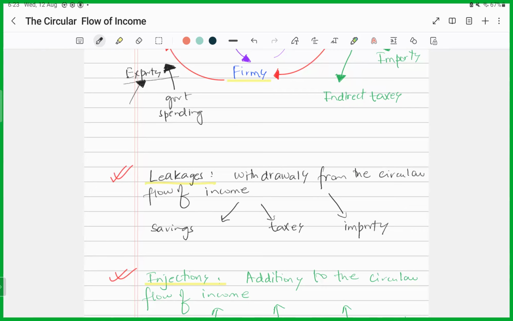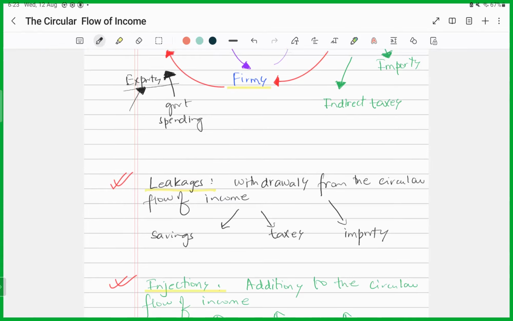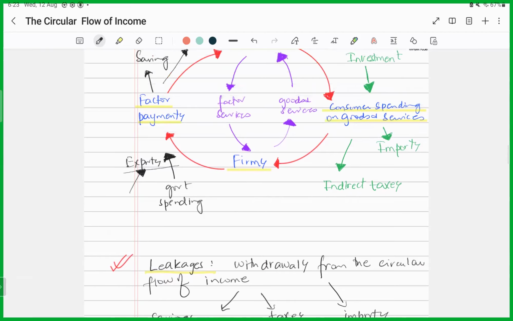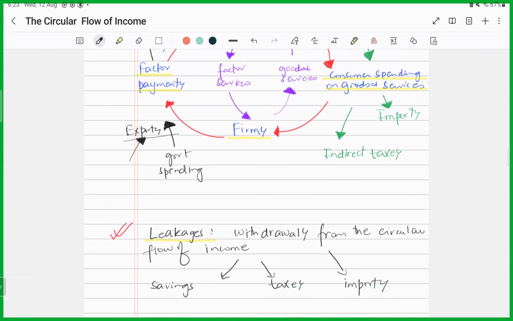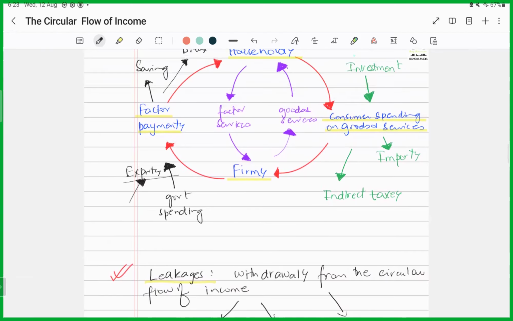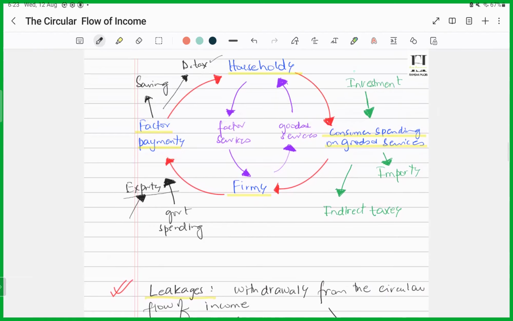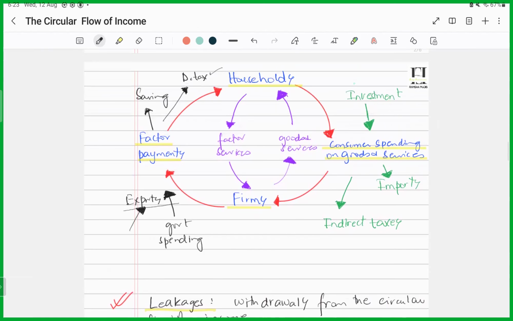So these are the leakages. Leakages means that you have spent it, right? So it's reducing the income, right? So that is why you will notice that once savings is there, taxes is there, and imports are there, you notice the direction of the arrow. It's away from the circular flow.